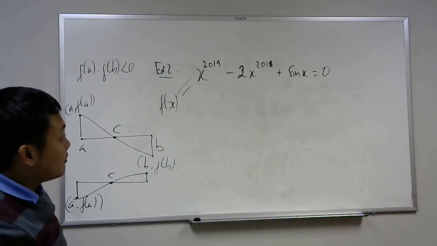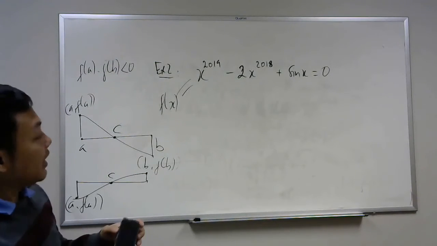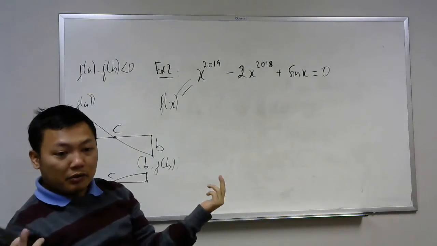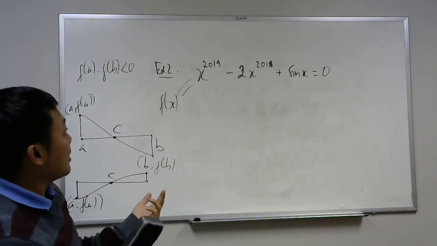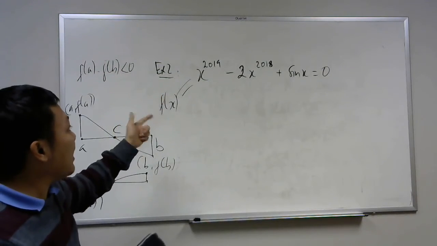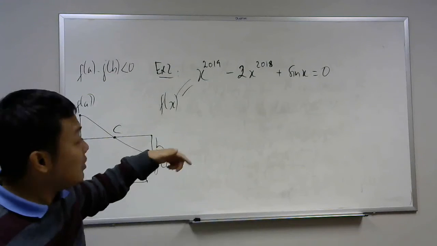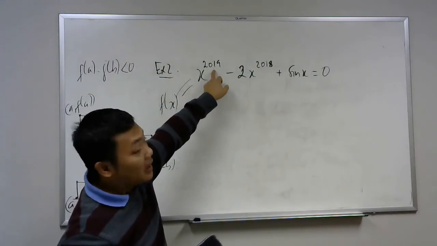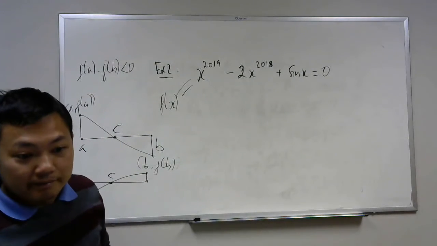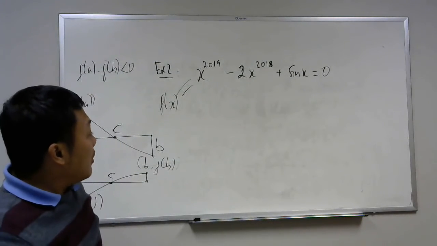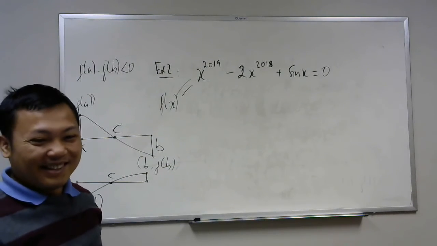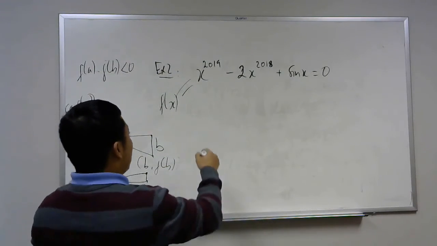Okay. The only thing you need to do is compare these terms, because sine takes values only between -1 and 1. So if you pick x very big, you will get f of x greater than 0, because the power here is 2019, right? For example, you can pick f of 1 million, and then you take f of -1 million. You see that?